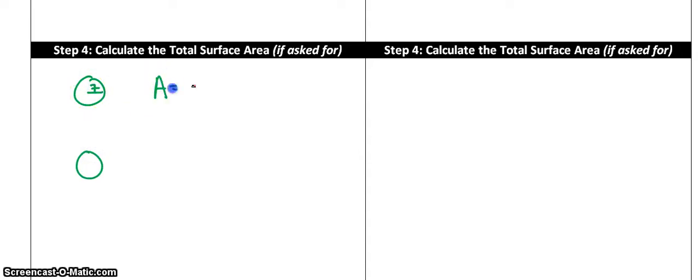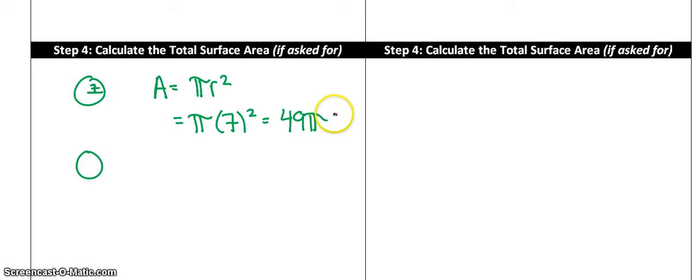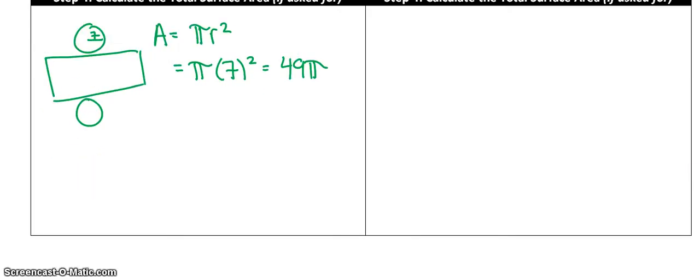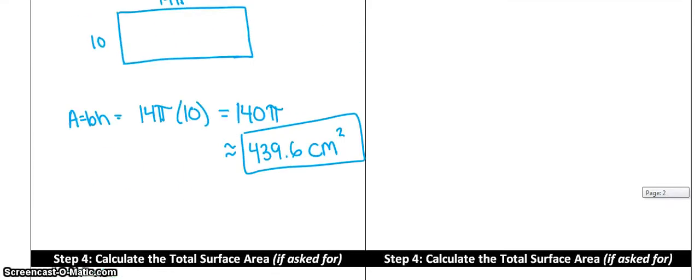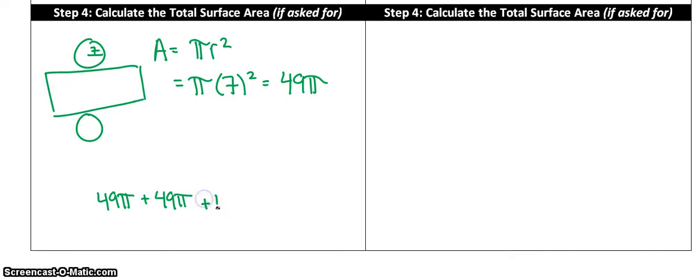So the area of one circle is pi r squared, which is pi times 7 squared, which is 49 pi. But in order to calculate the total surface area, I actually had 2 of those circles. So this is 49 pi and this is 49 pi. So the total surface area would be 49 pi plus 49 pi plus whatever the lateral surface area is, which I'll say is 140 pi.